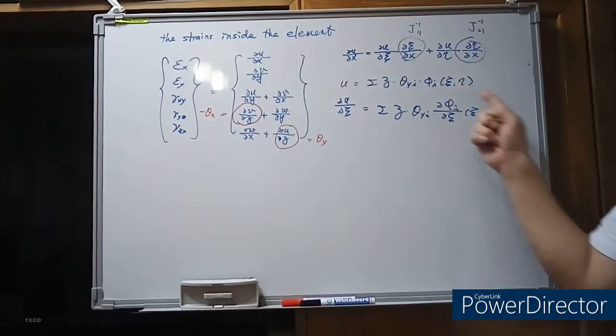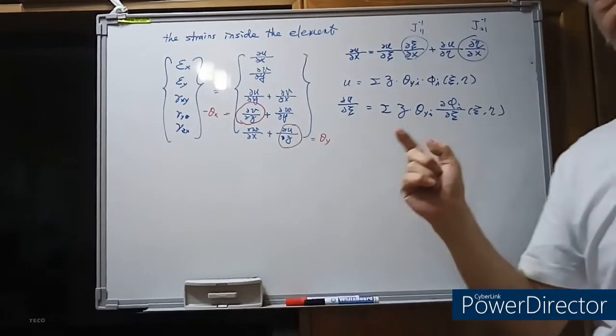So we can calculate the partial phi to partial Xi.